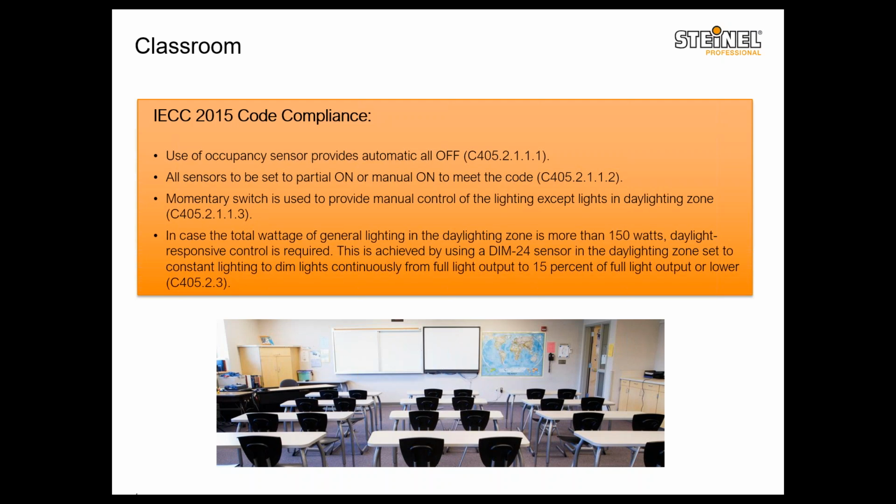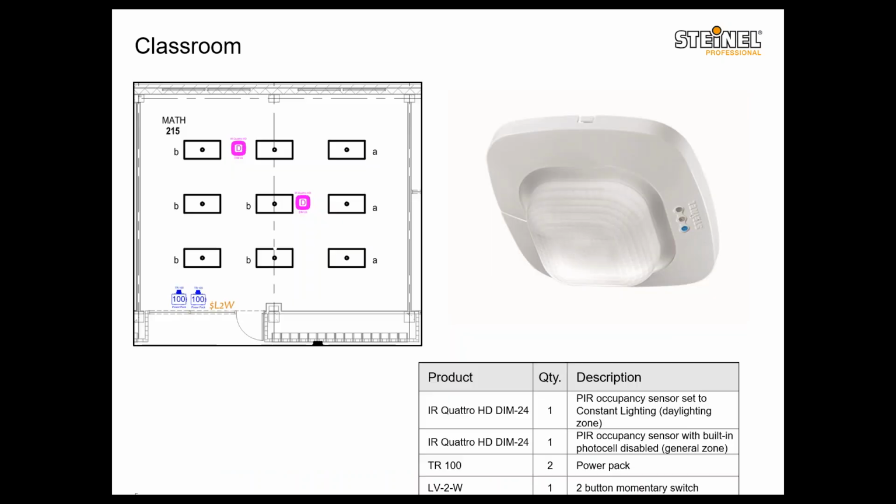If you use a dual tech sensor in this kind of application, you will either have the lights turning on in the middle of the night whenever the HVAC system kicks in and starts moving the map and all those artworks, or you would have the lights not going off after everyone has left the class, because something is still moving in the classroom even though it's not a human presence.